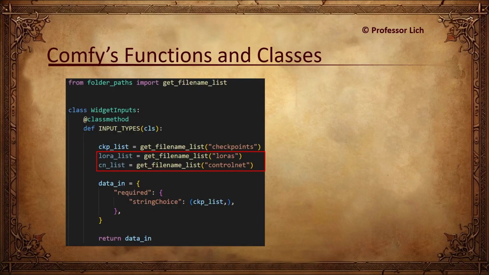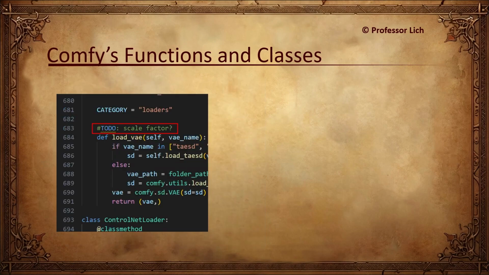You can get a list of LoRAs in the same way, as well as ControlNet models. If you want to know what other arguments you can provide this function with, just open folder paths file and see what is there. I will add one exception though, which is list of VAE files. I am not really sure about this one, to be perfectly honest. Developers seem to have left a note here.